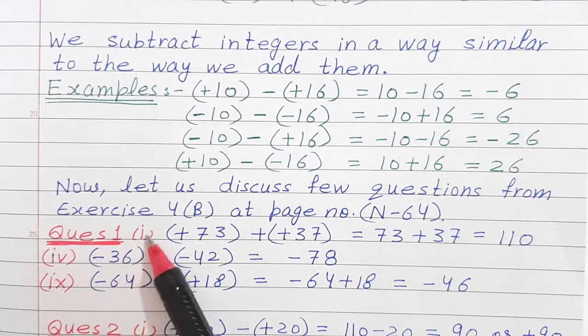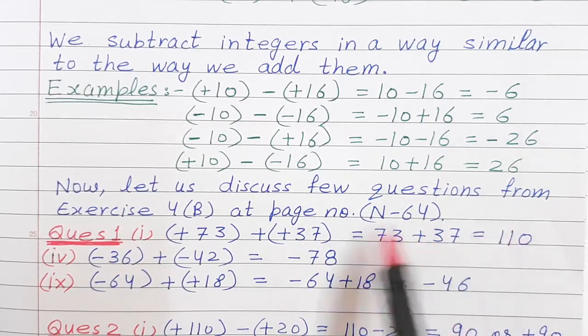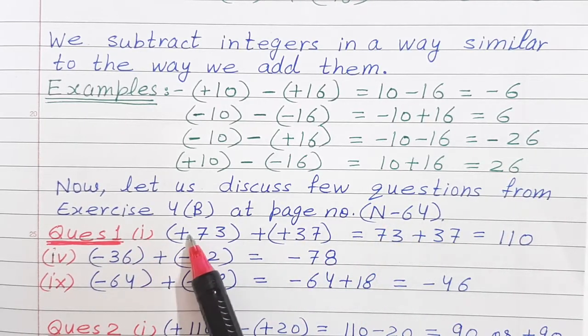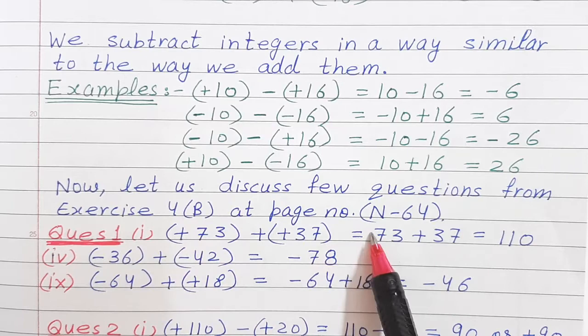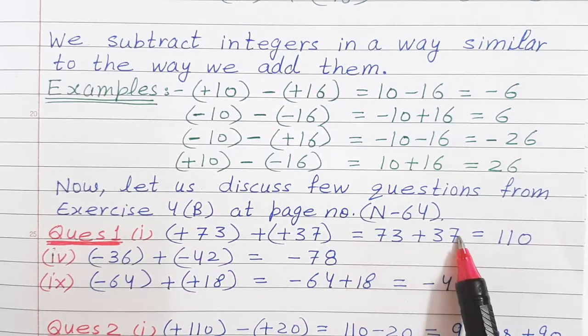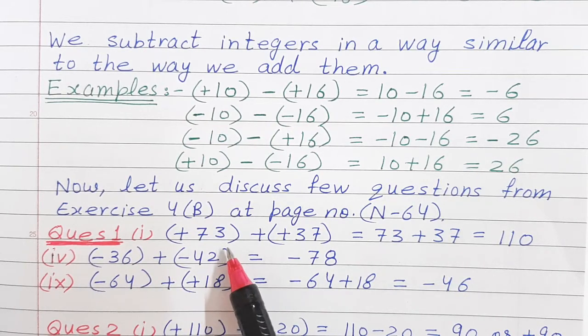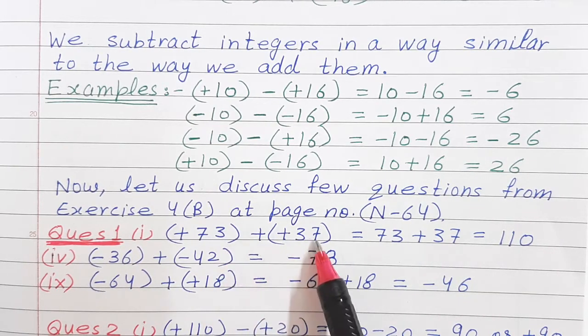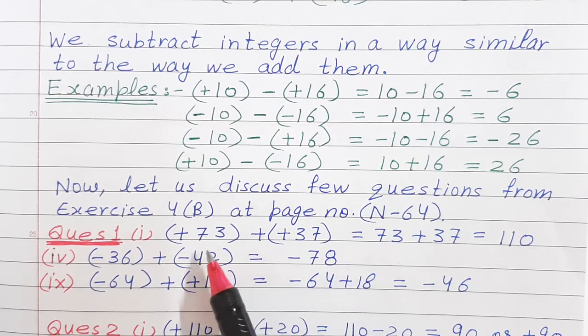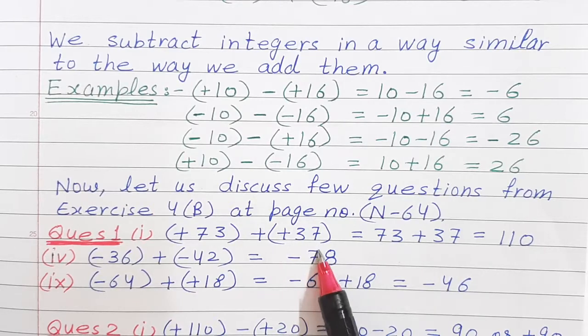Now children, let us discuss a few questions from exercise 4B at page number N64. Here, question number 1, first part is 73 plus 37, or you can say positive 73 plus positive 37.